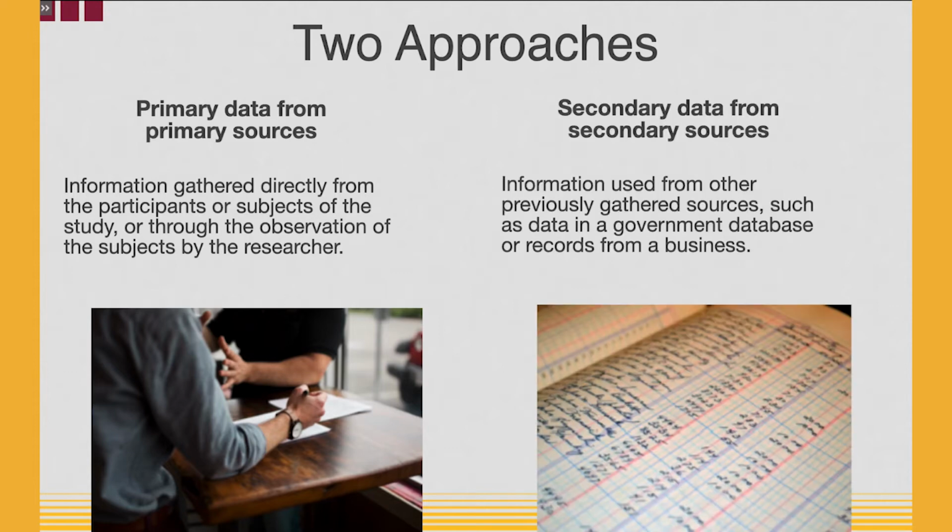Then you have secondary data, which is from secondary sources. And that's information that's been used previously or developed by another study, or is in a governmental database, or maybe records from a business. But it's data that you didn't create or discover, you're just reusing it.